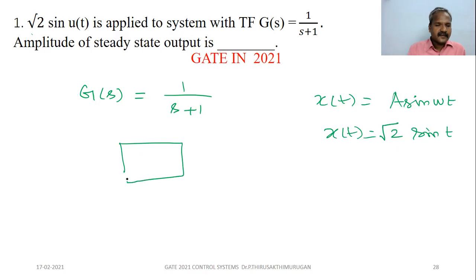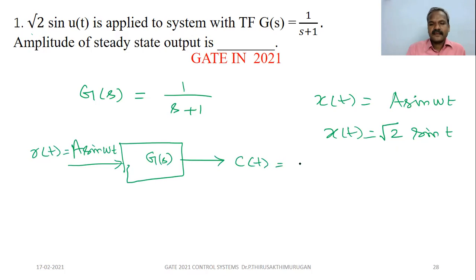See, when we give r of t equal to A sine omega t to the system G of s, the output c of t, or y of t, will be some magnitude B sine omega t with some phase.